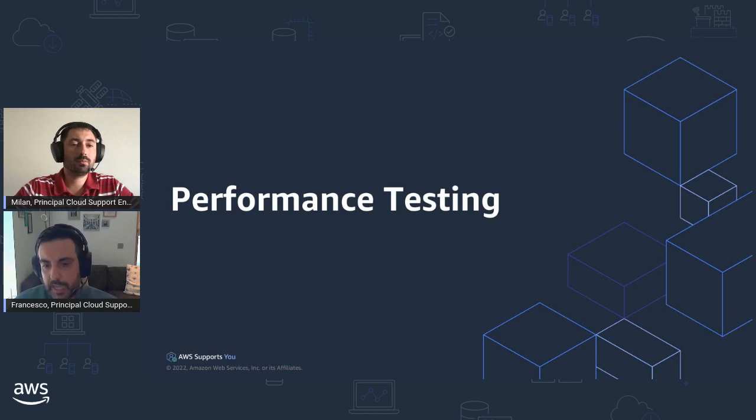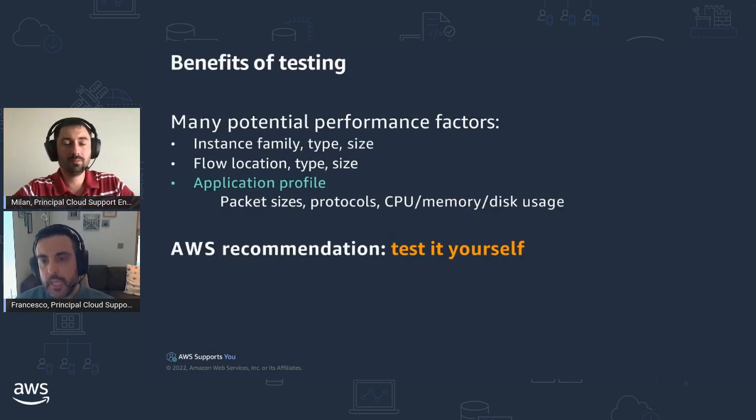So going there, and I like that we're getting a lot of those questions where the answer is it depends. And the reason why is there's a lot of benefits in testing performance. This is not something that we just tell people so that we can have them go away, but because there's a lot of different variables in figuring out both the expectations and the capabilities of the network that you're using in the EC2 instances.